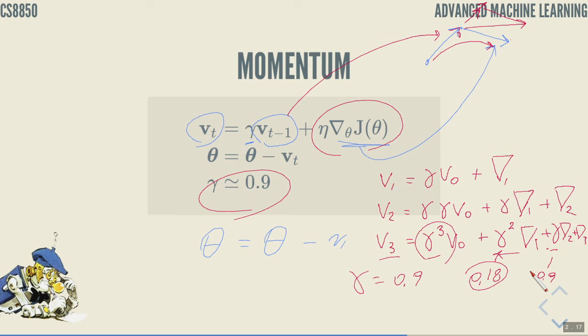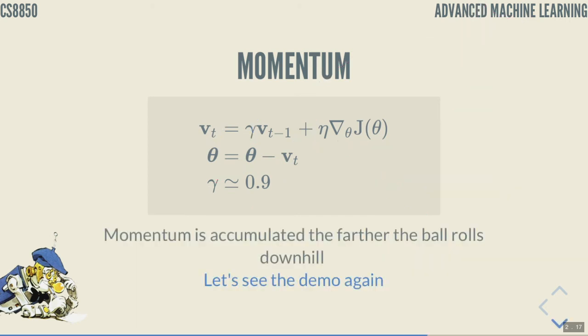You can play with the demo on the Distill website, linked in the slides. So momentum is accumulated the farther the ball rolls downhill. The problem with accumulating momentum is that it may accumulate too much inertia and not stop.